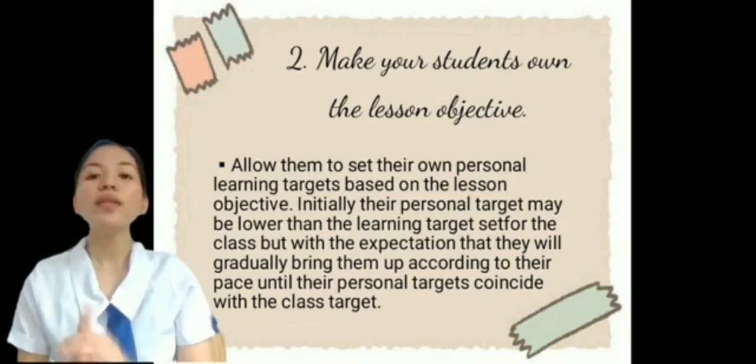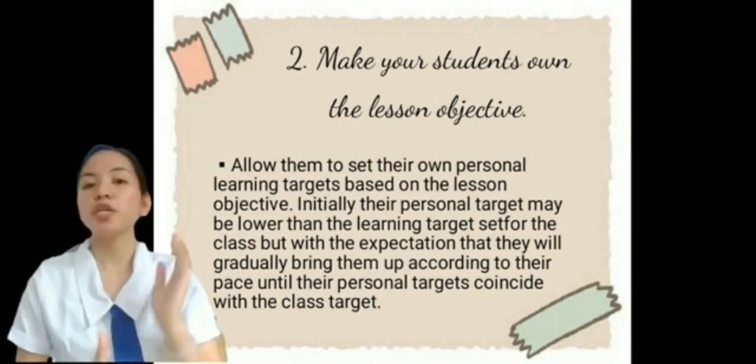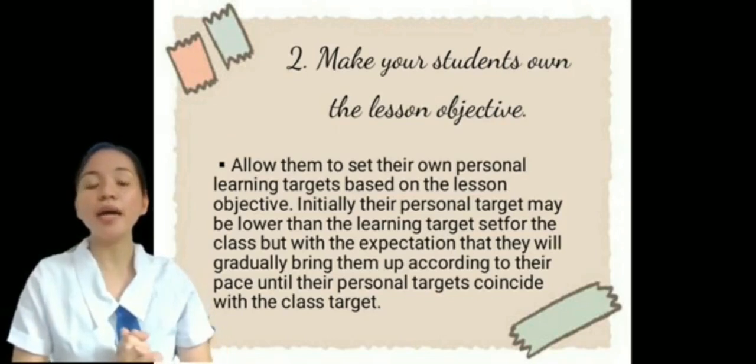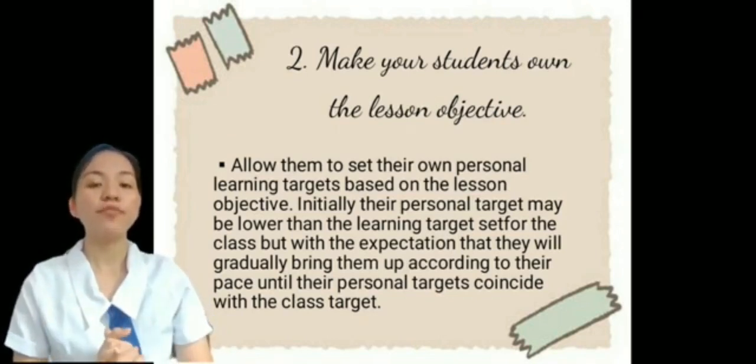Okay, so we will allow our students to own the lesson objective because what if our objective kay lisod ra para nila, so they can make their own steps how to achieve our lesson objective, our class target.